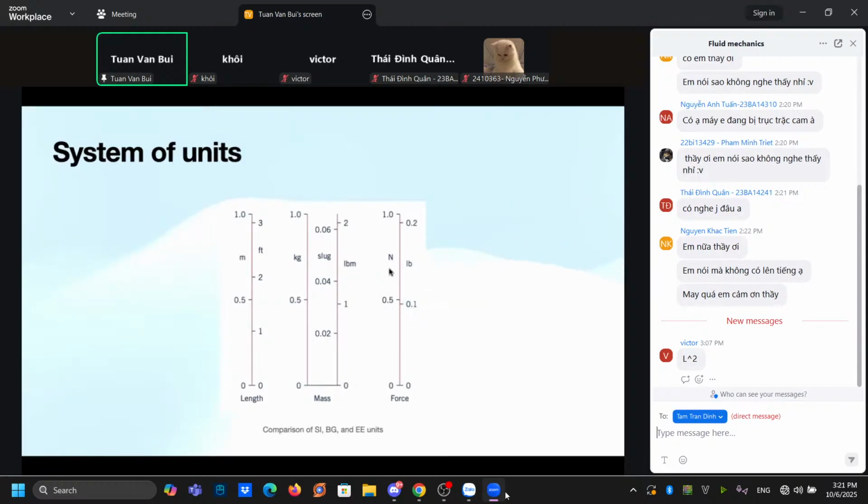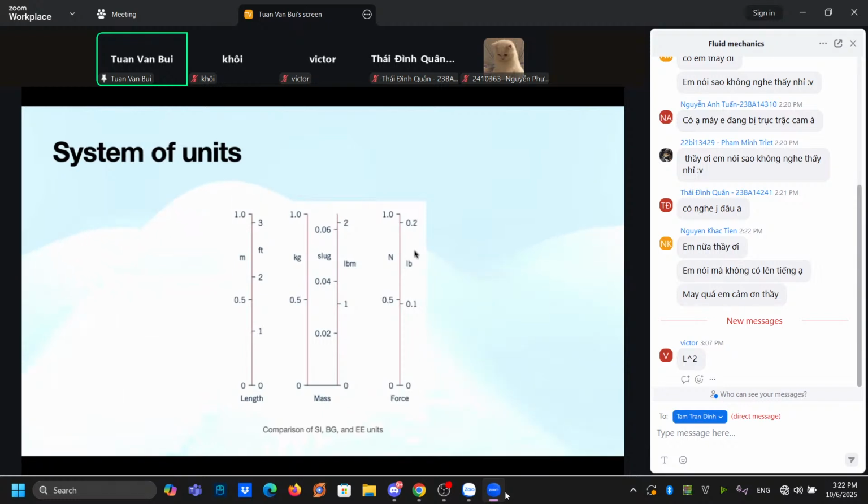For force, we have Newton converted to pound. Newton equals 1 meter multiplied by 1 kilogram per second squared.